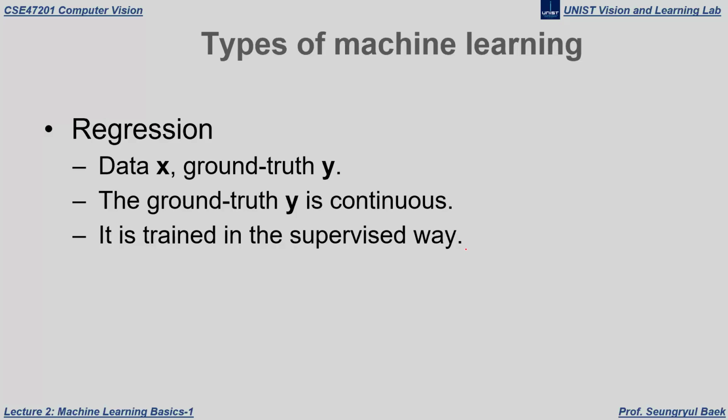So, when a person weighs 48 kilograms, estimate his height, okay? This is a representative example for the regression task. Height is a continuous value, right? So any continuous height could be the output, right? Are you guys understanding? Okay.